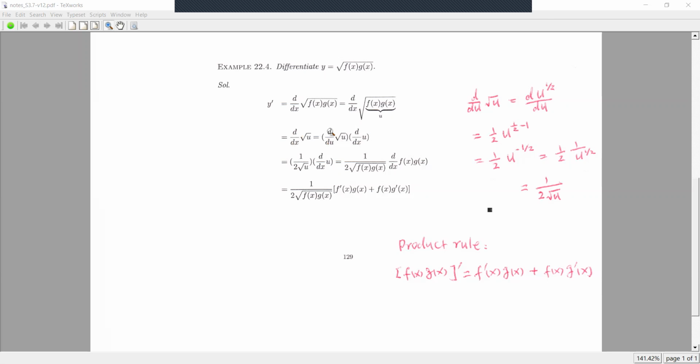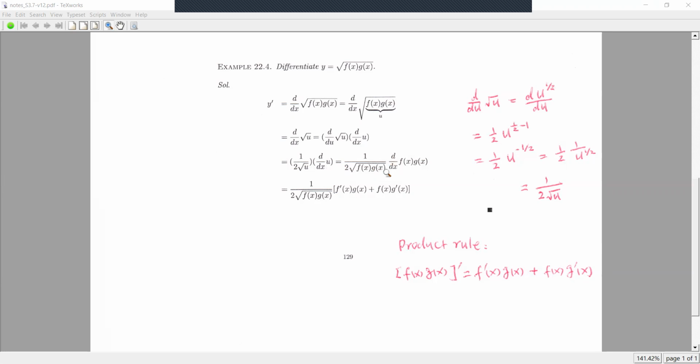The derivative of square root of u with respect to u is 1 over 2 times square root of u. The detail is here. Now, remove u by plugging in f times g. Then I have this equation.